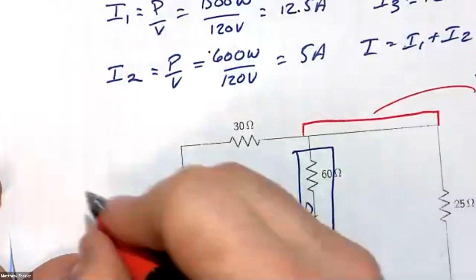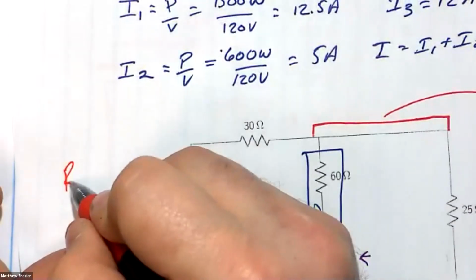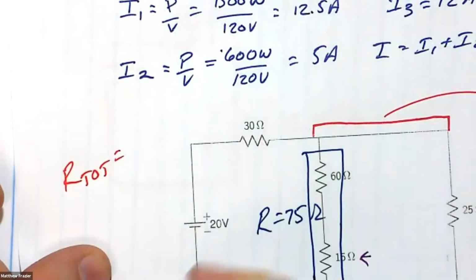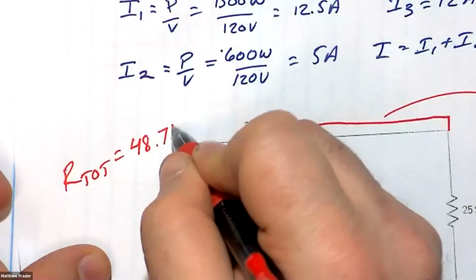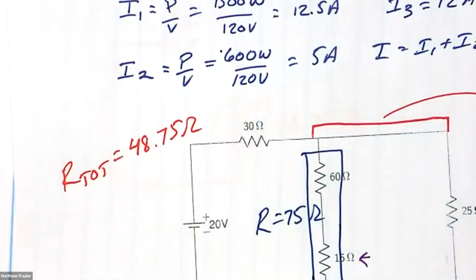So the total is 30 plus 18.75, which is 48.75 ohms. So we pause there. Step by step, does that make sense to people? And the other question is, do you think you could identify which thing to start with?